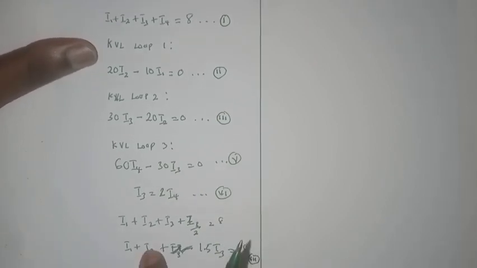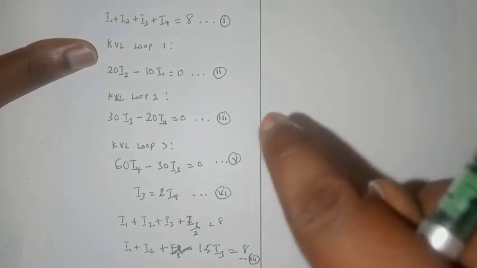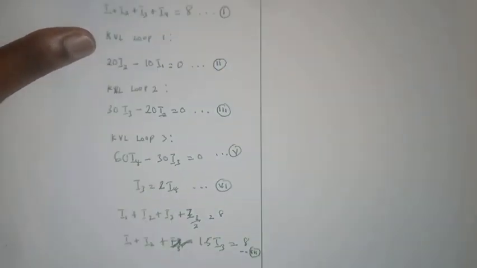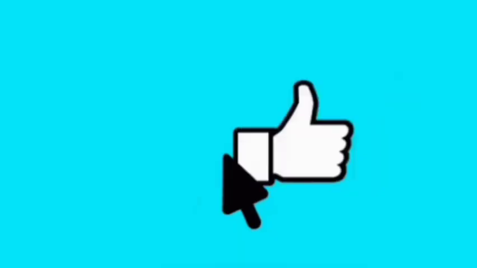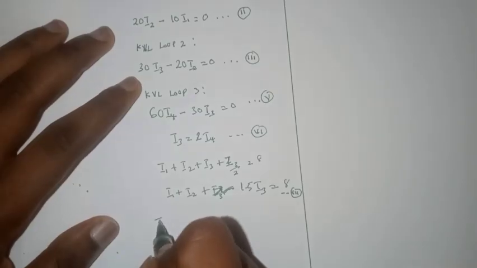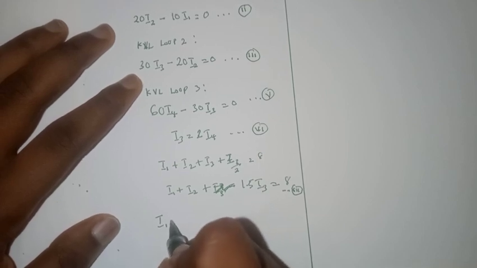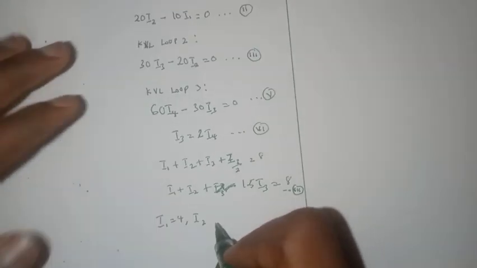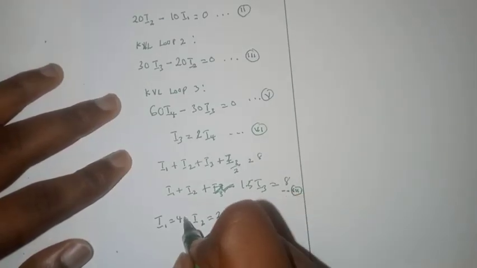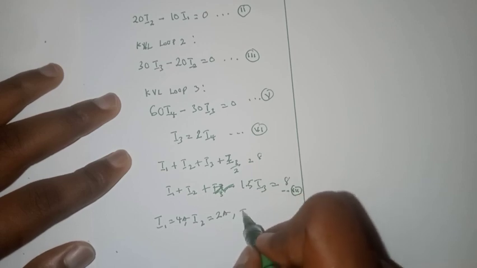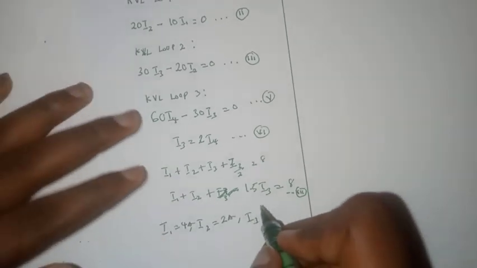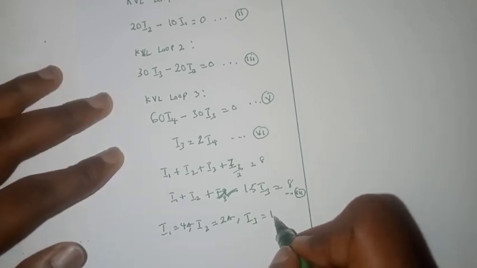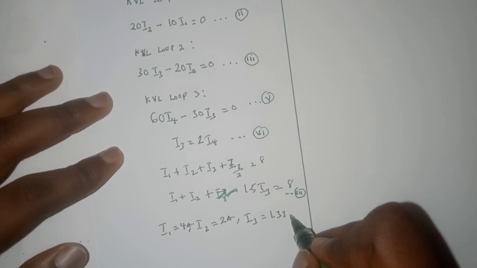We can solve it simultaneously with the second and third equation, and that will give us I1 equals 4, I2 equals 2 amperes, and I3 equals 1.33 amperes.